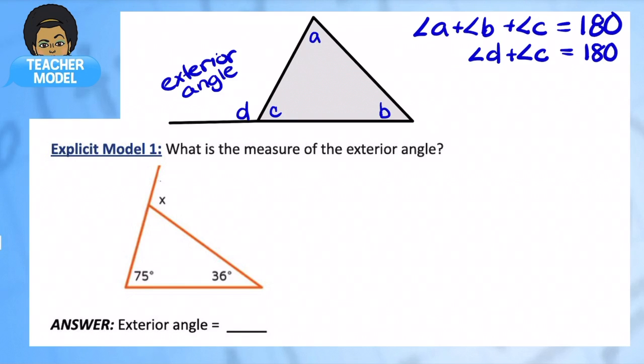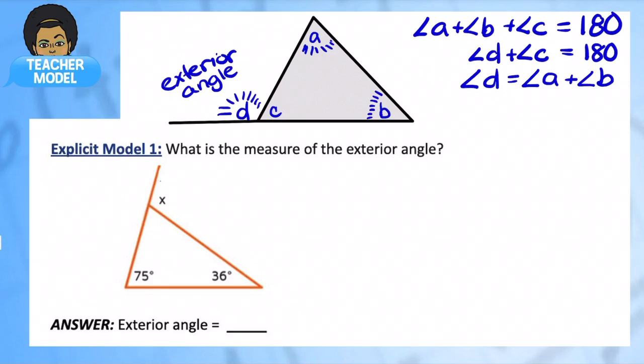So my exterior angle, angle D, is equal to the measure of my other two angles. I'm going to color it in. This one here is the same measure as this angle plus this angle.